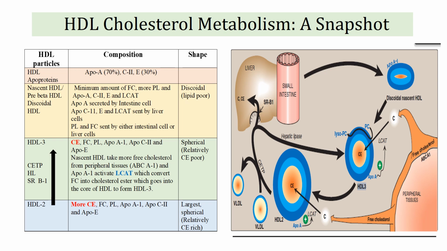It takes its cholesterol ester and digests its TG to convert it into HDL3. LDL and IDL are also taken up by the liver. In the liver, cholesterol is converted into bile acids or directly excreted in bile. HDL is a reservoir of ApoC2 and E and gives these apoproteins to nascent VLDL and chylomicrons.